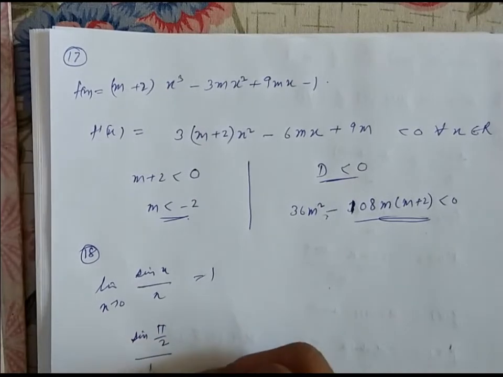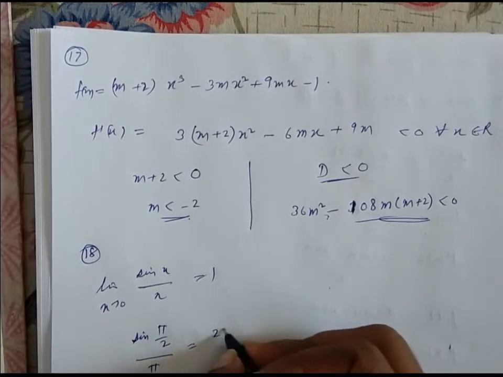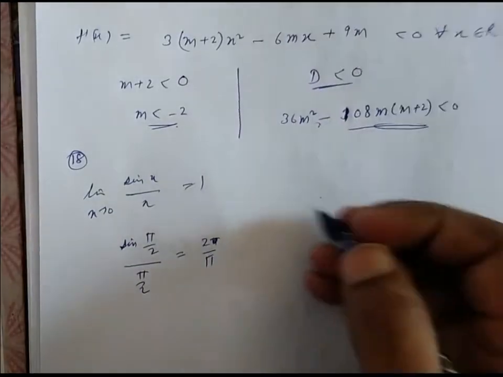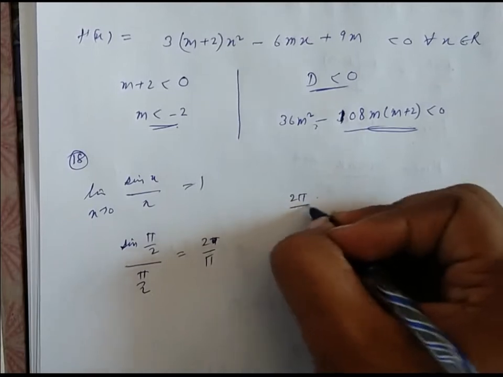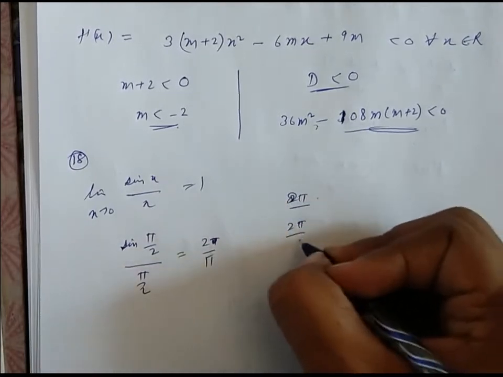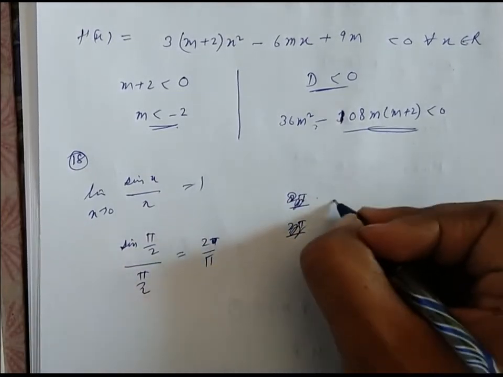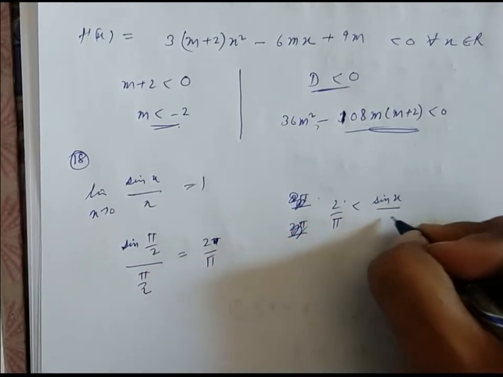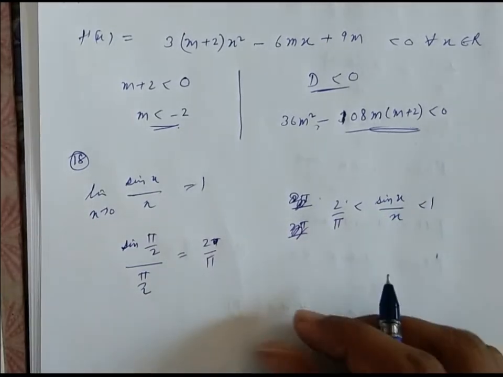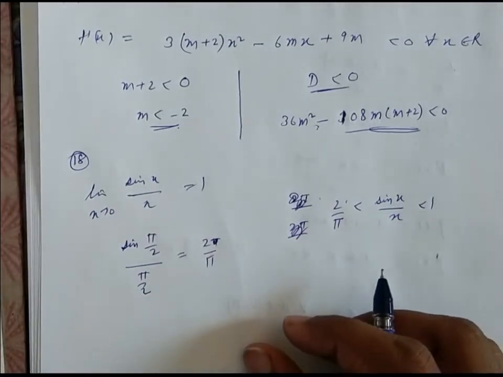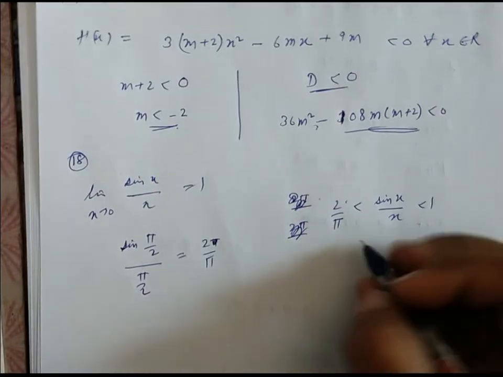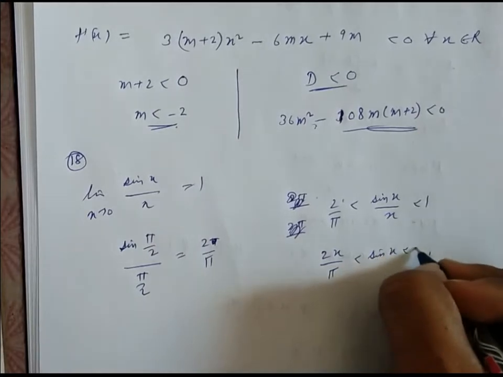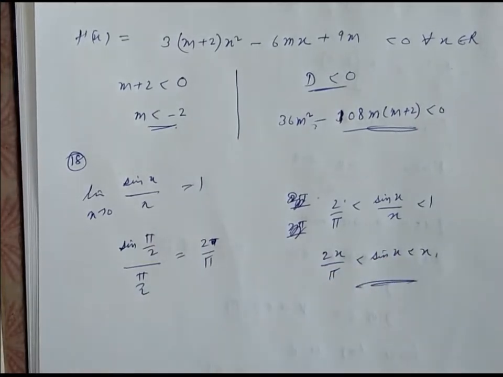Also sin(pi by 2) upon (pi by 2) is equal to 2 by pi. We also know that 2 by pi is less than sin x upon x is less than 1. Multiply the equation with x, so 2x by pi is less than sin x is less than x, hence proved.